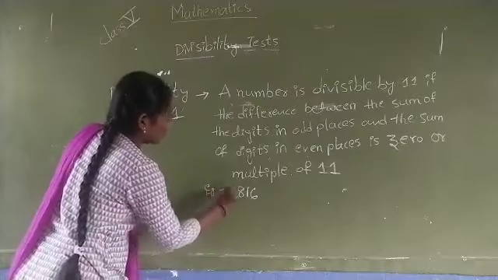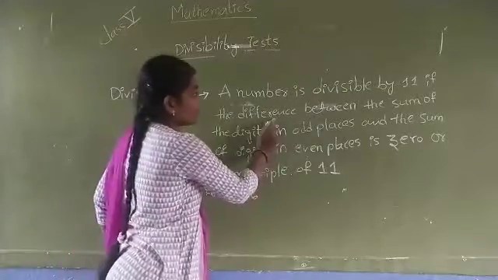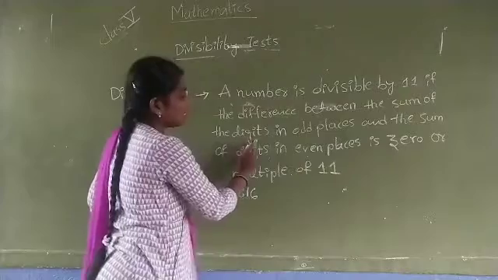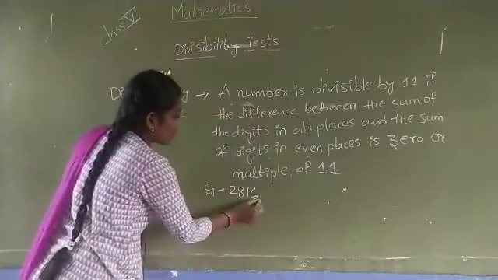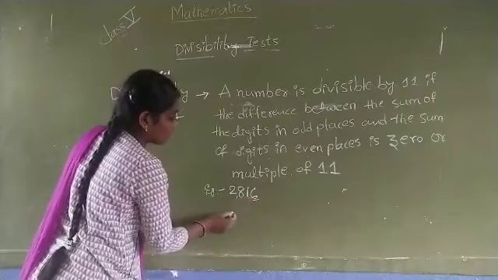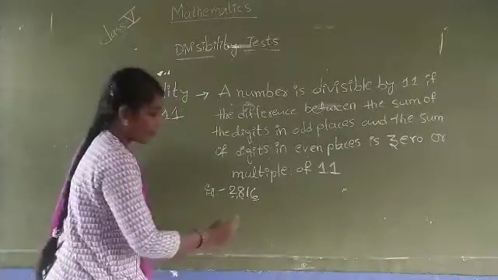What is the divisibility rule? The difference between the sum of the digits in odd places and the sum of the digits in even places. First one is odd place, second one is even, odd, even.